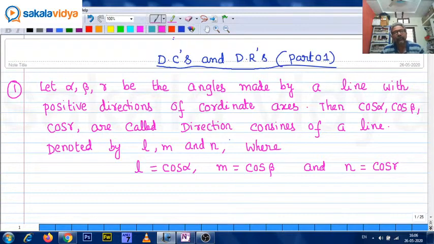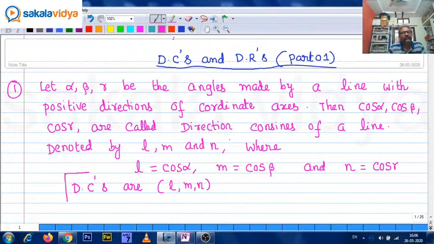They are denoted by L, M, N, where L is equal to cos alpha, M is equal to cos beta, N is equal to cos gamma. We write direction cosines as DCs also. Shortly in this lesson we use DCs. DCs are L, M, N. So we write like this in this chapter.